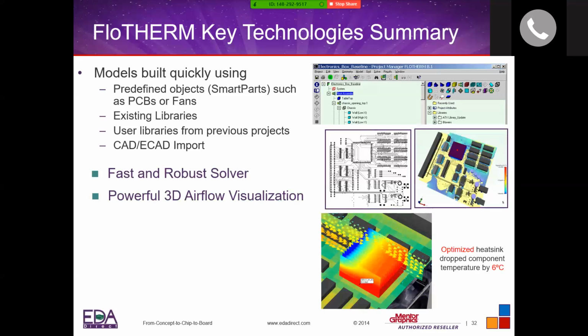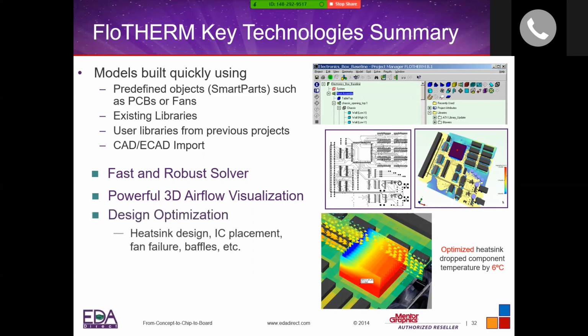You can do surface temperature, airflow, particle. We can animate the flow, things like that. And then last but not least is the ability to do parametric sweeping. Okay, this is very useful if you're doing heat sink design. If you want to look at placement of ICs, should I have a baffle? What is the angle of my baffle? What is the size of that? Okay, so all of those scenarios can be set up.